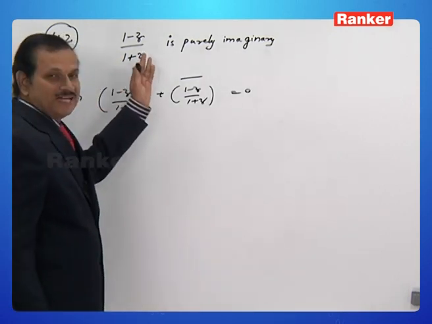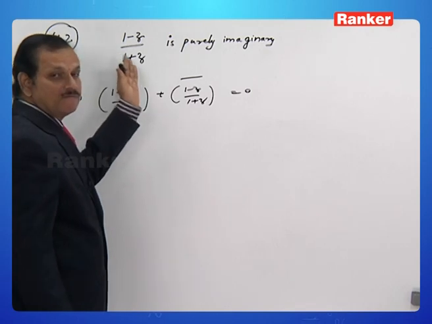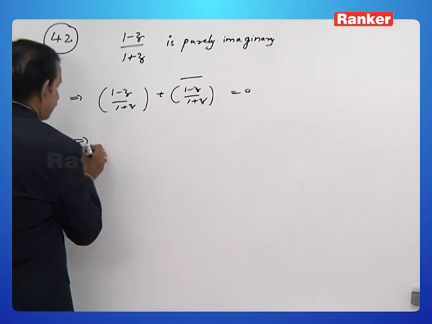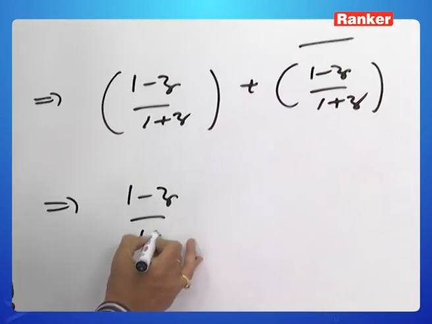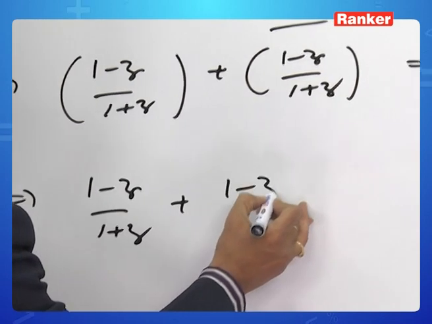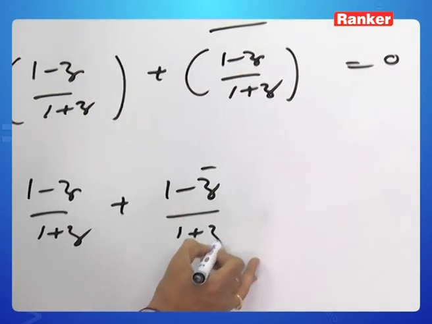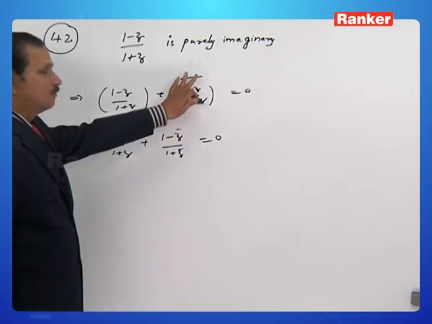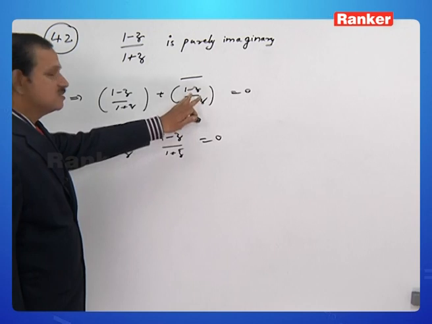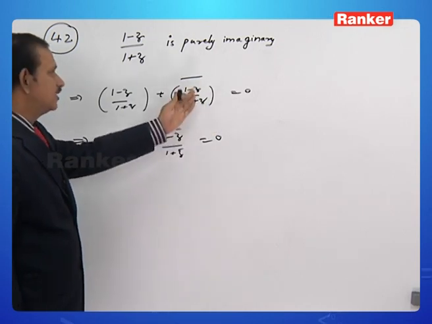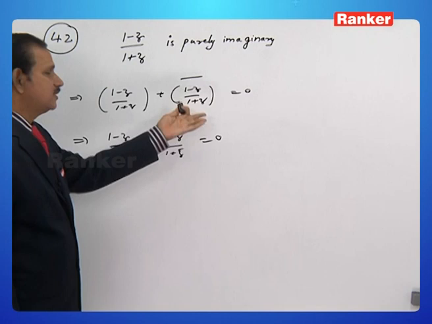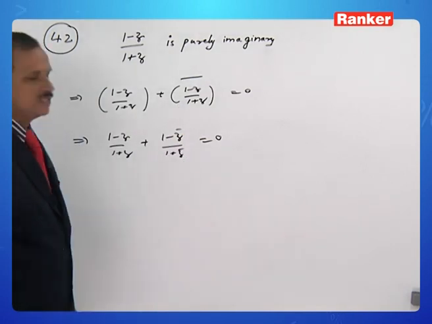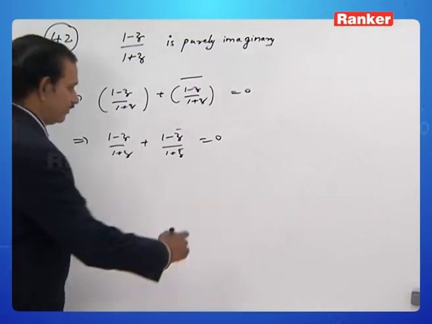As it is purely imaginary, the sum of this number and its conjugate should be 0. That is, (1 minus z) by (1 plus z) plus (1 minus z bar) by (1 plus z bar) must be 0, because the conjugate of a quotient is the quotient of the conjugates. (1 minus z) whole bar by (1 plus z) whole bar: (1 minus z) whole bar is nothing but 1 bar minus z bar. 1 bar is 1, being a real number. Hence it is (1 minus z bar) by (1 plus z bar) equal to 0.